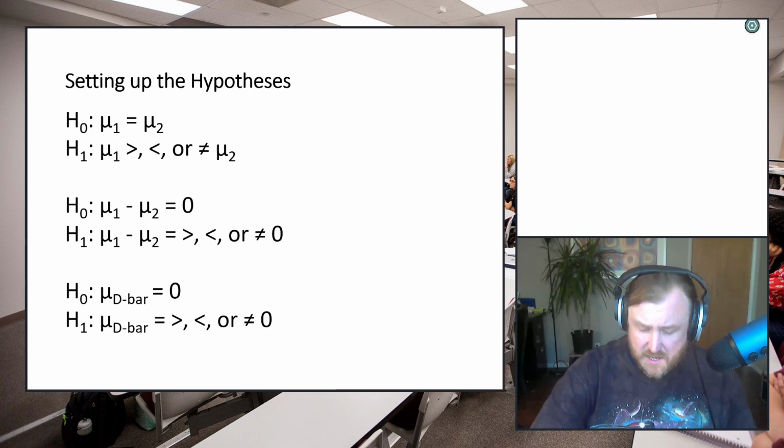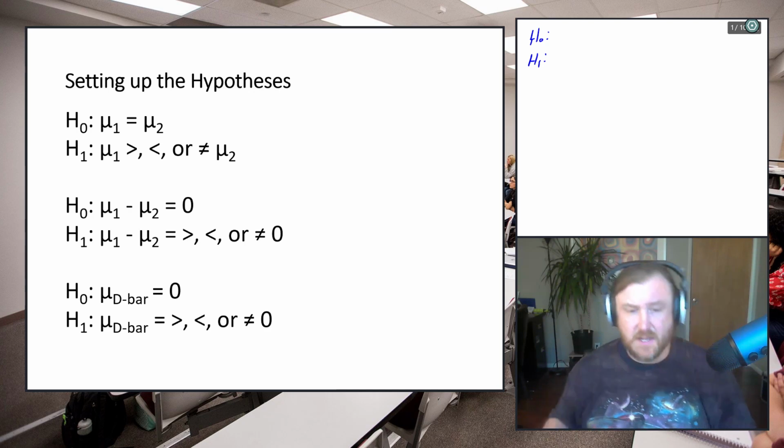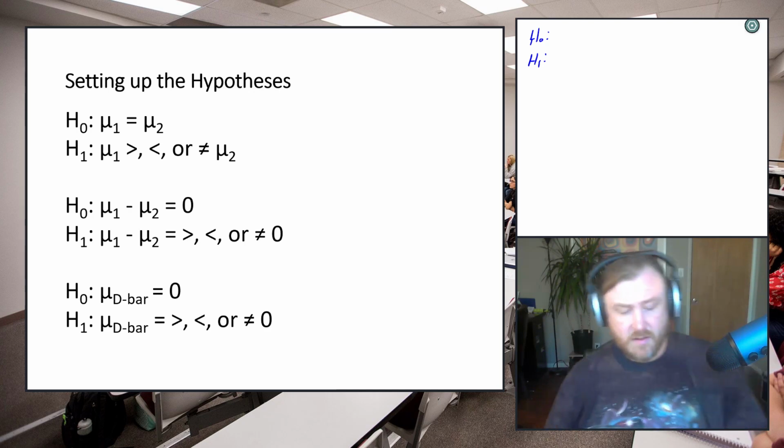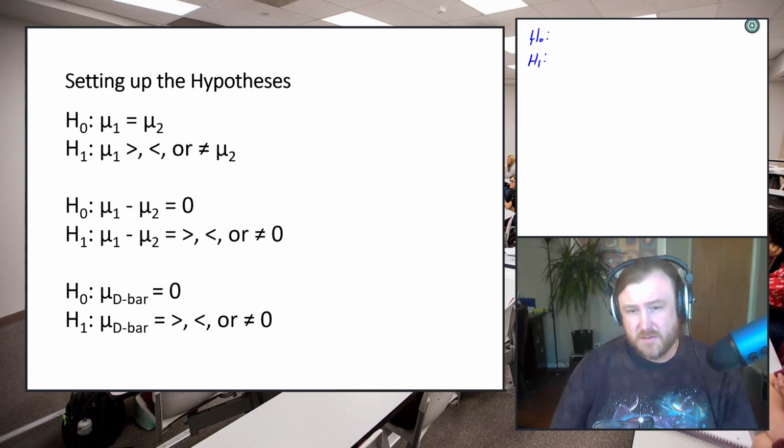So let's think about what our null and alternative hypotheses are going to be in this context. So he was testing the hypothesis because he had a little bit of humility and anticipated that he could be incorrect. And so he wanted to examine whether or not there was a change in heart rate after exercise.